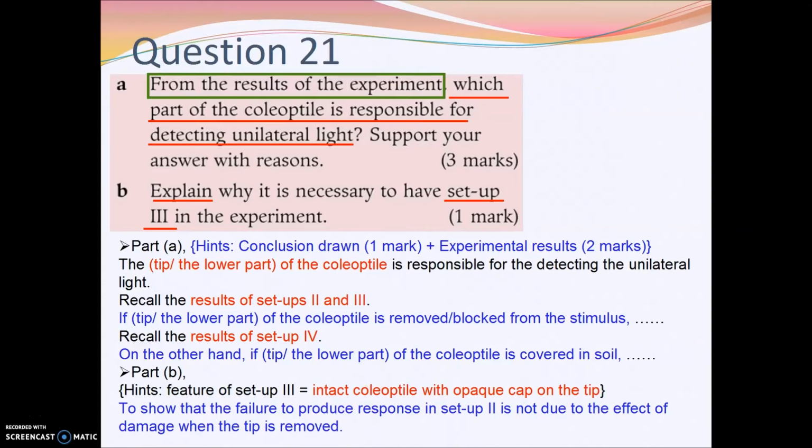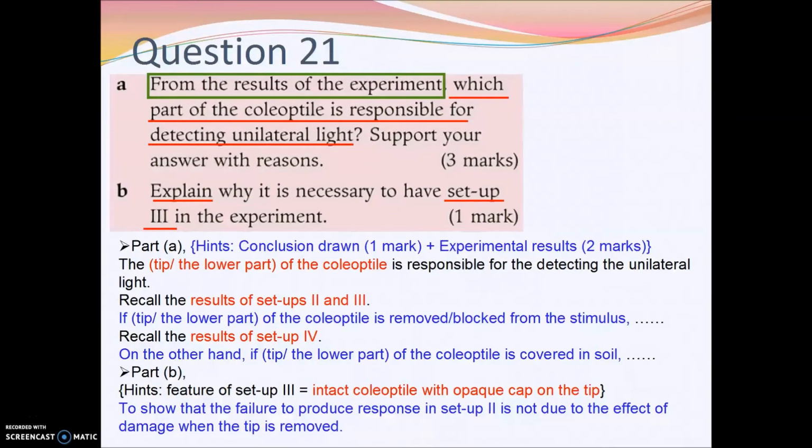to the unilateral light. Because they may claim that setup 2 doesn't show any phototropic response because when you remove the tip, you also damage the region of elongation, something like this.